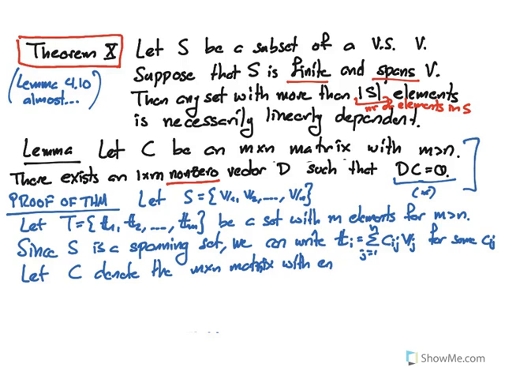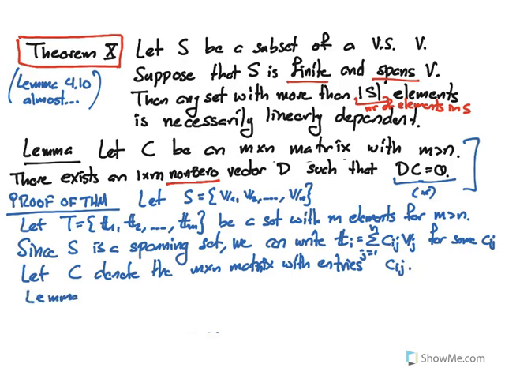So then what I do is I form the matrix C here, which is the matrix that has entries Cij. And now I invoke my lemma.